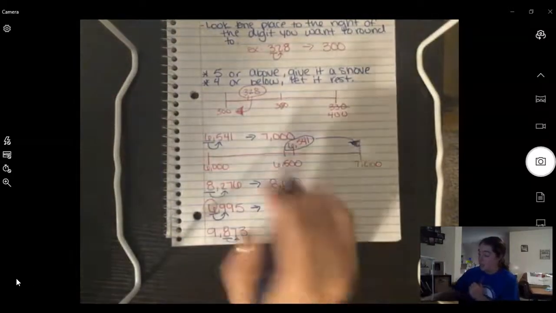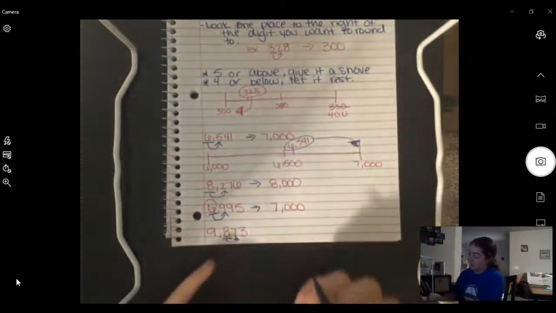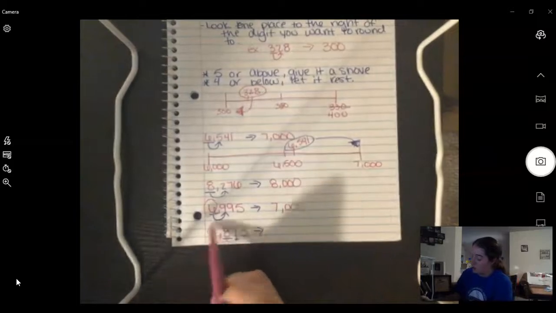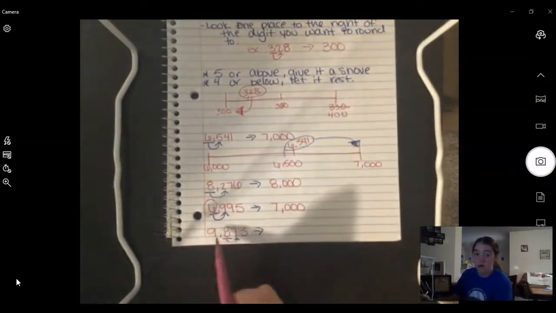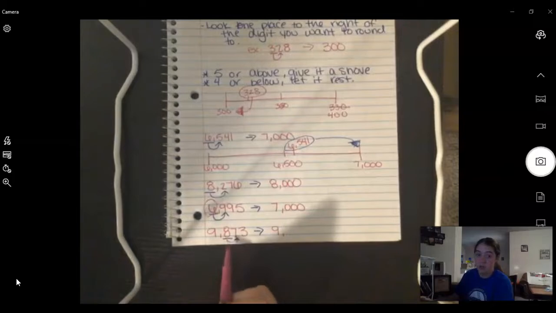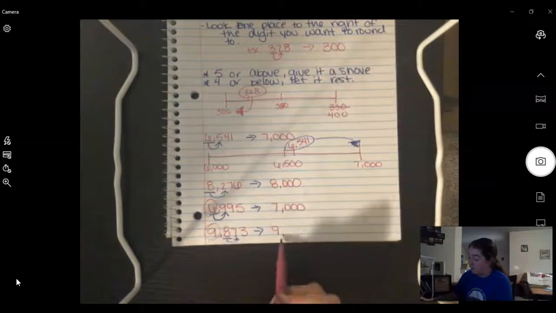That's a 7. So we go up to our rule, 5 or above, we give it a shove. Now, we don't change anything before the rounding, so it's still 9,000. Because we're rounding to the hundreds place, not the thousands place. We don't change that. So 9 stays the same.